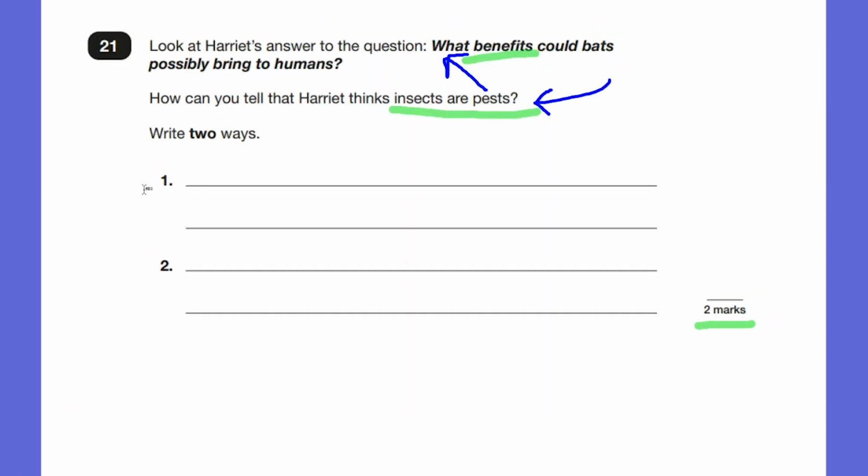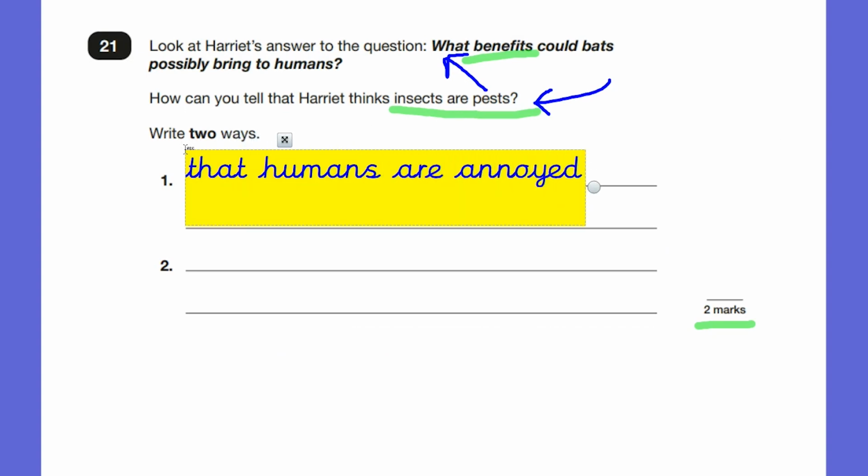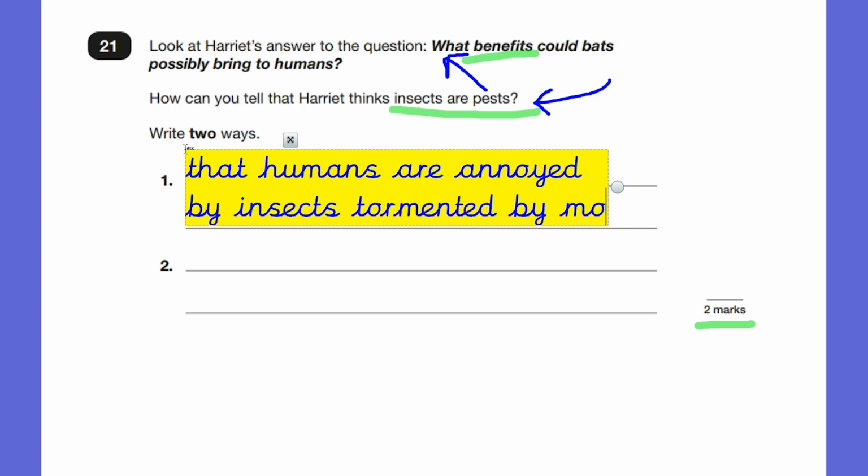Some correct answers here would be that humans are annoyed by insects, that they bite us or torment us, tormented by mosquitoes.